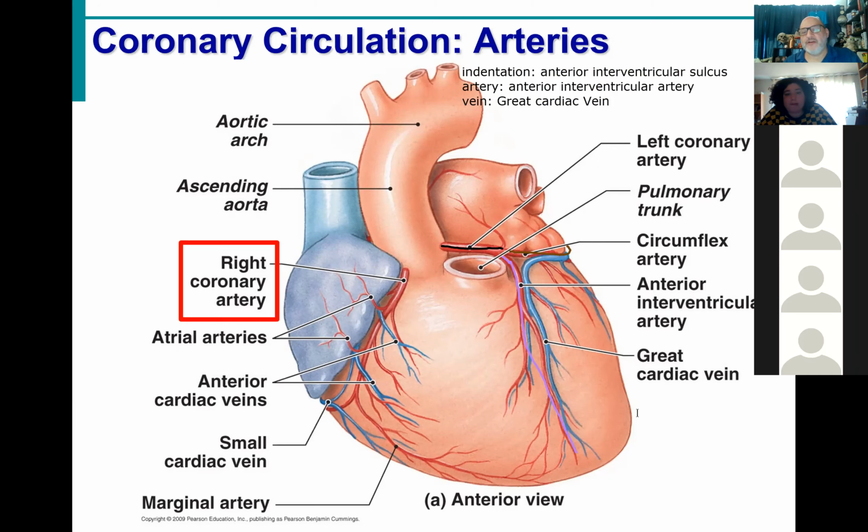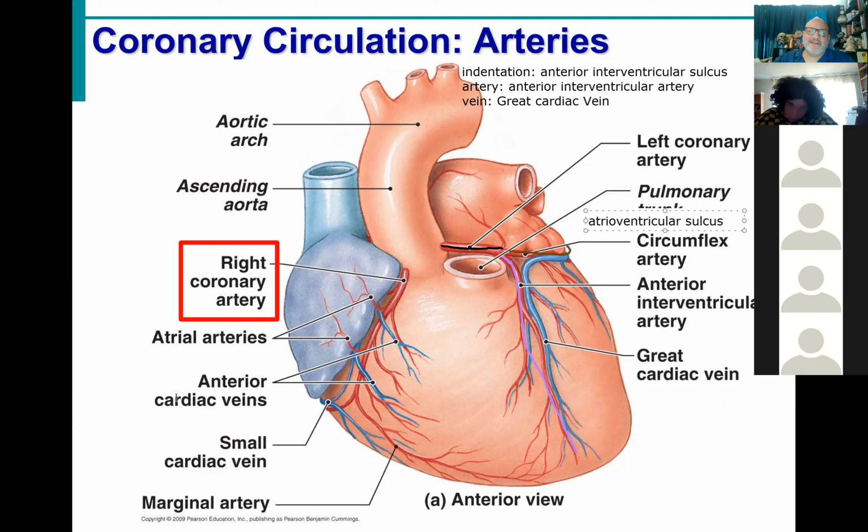And what do you think we might call that indentation between the atrium and the ventricle? Yeah, sulcus, the atrioventricular sulcus. Excellent. So in that atrioventricular sulcus, that indentation, we have that circumflex artery.